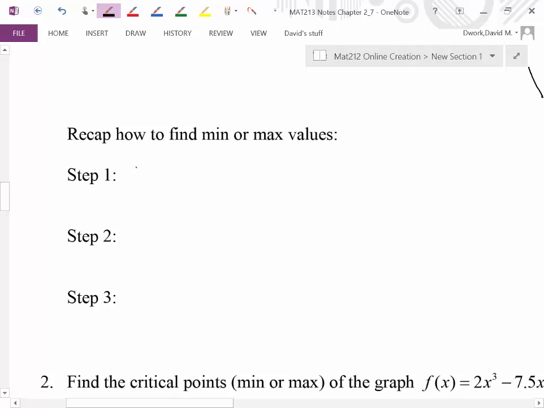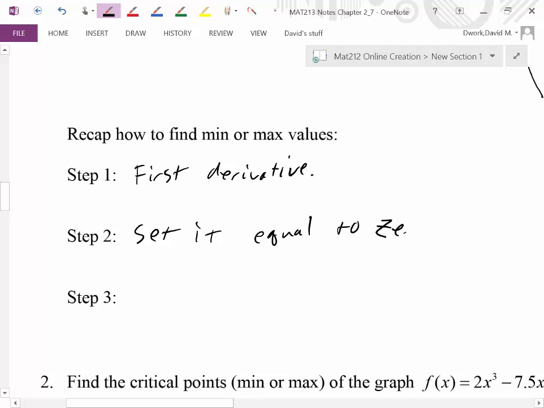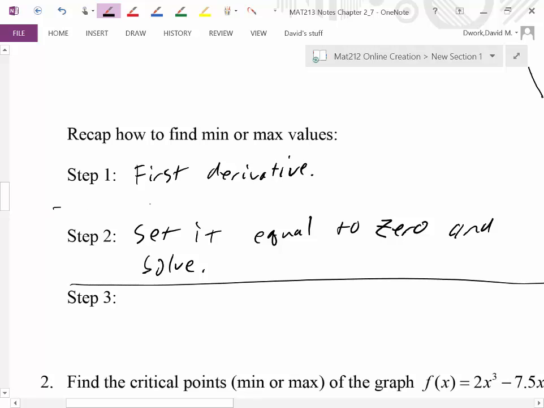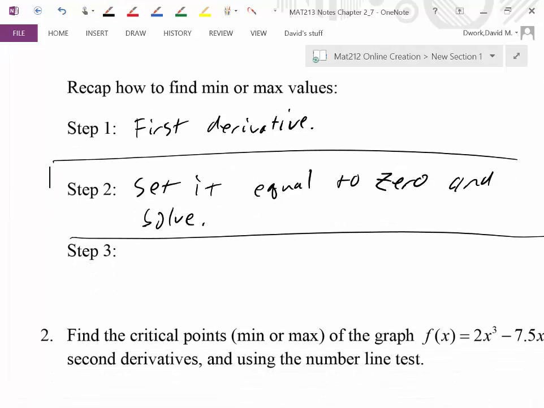First thing we need to do is take the first derivative, and then do what with it? Set it equal to 0 and solve. Okay, so then once you've set it equal to 0 and solved, now step 3, I can read.